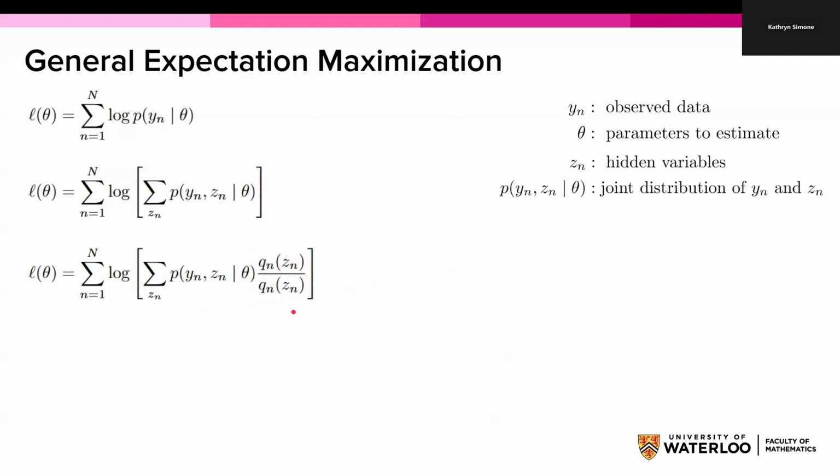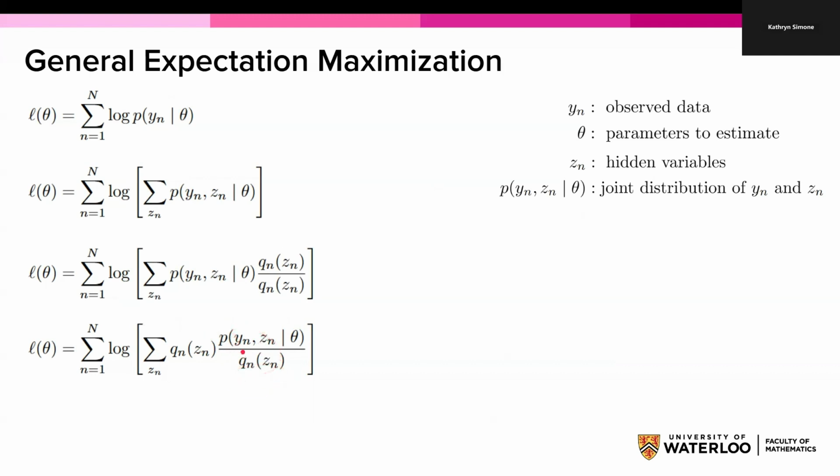And then once we've rewritten the expression this way, we're free to rearrange terms. Specifically, we can choose to rearrange to emphasize the ratio of the joint distribution p of yn, zn to the auxiliary distribution q of z.